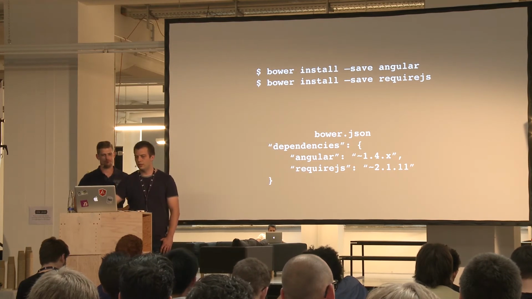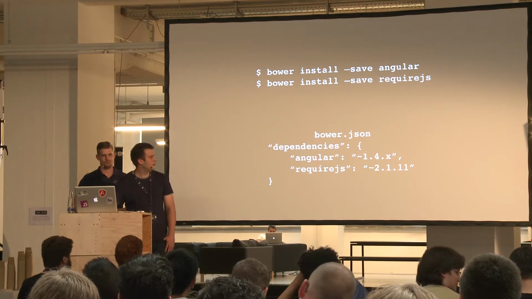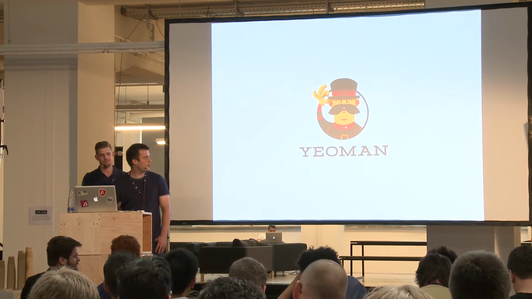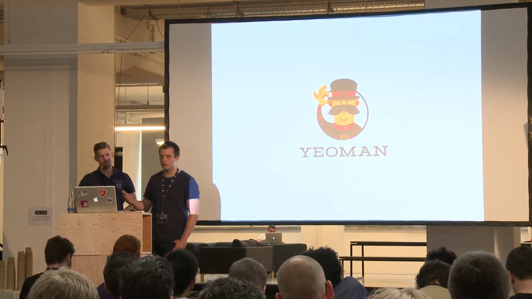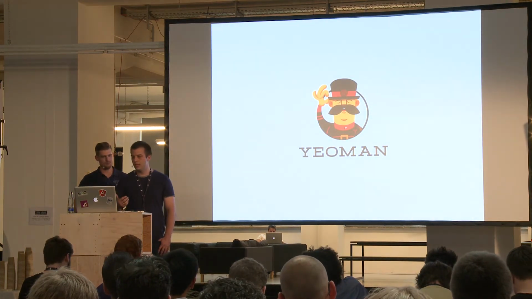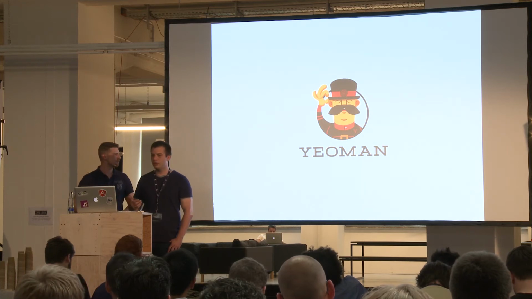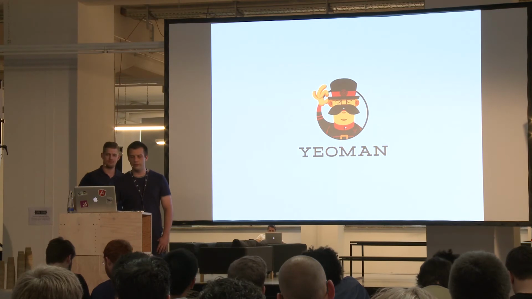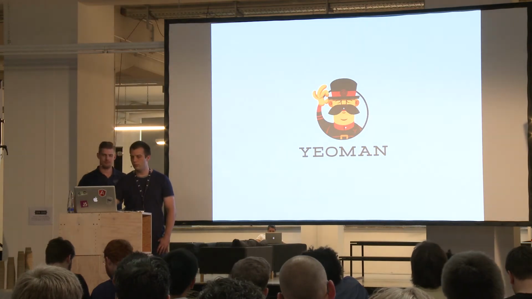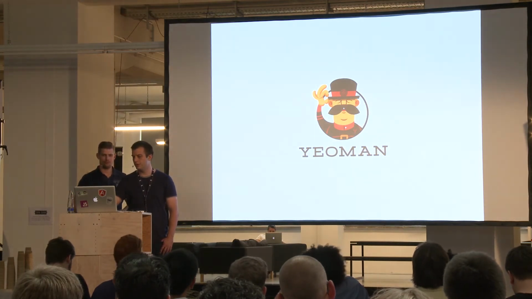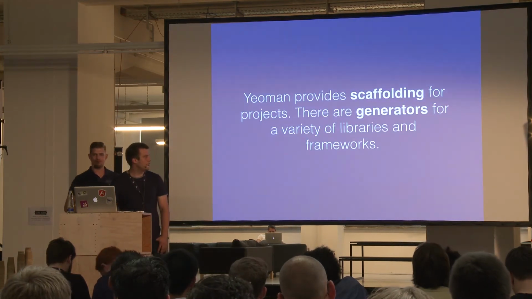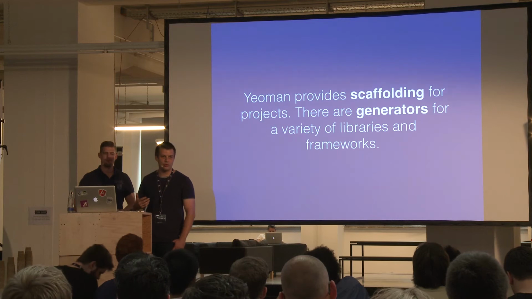Based on those libraries, we take one step forward. As I mentioned, we're lazy people, so we don't like to write a lot. So we use scaffolding in our project. And one of the most popular frameworks in that direction is Yeoman, which provides you generators that generate the basic code for your project.